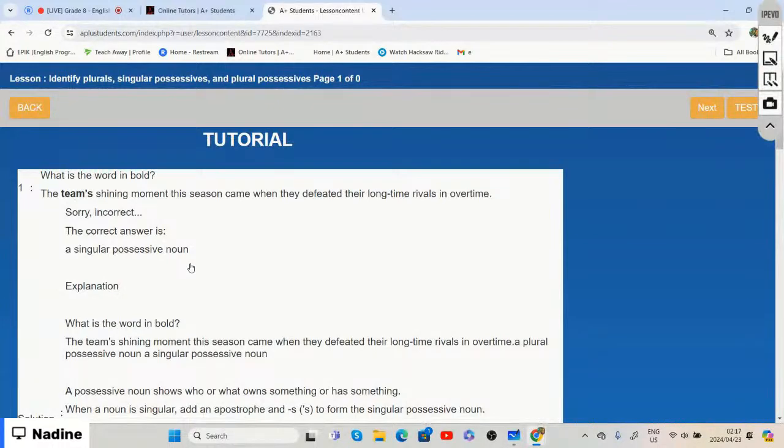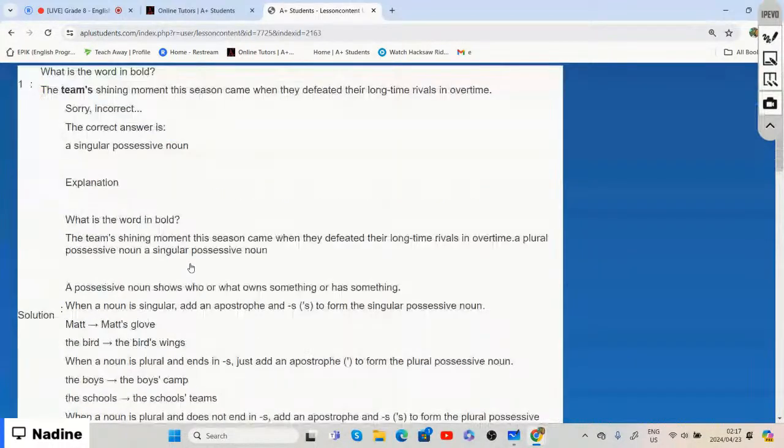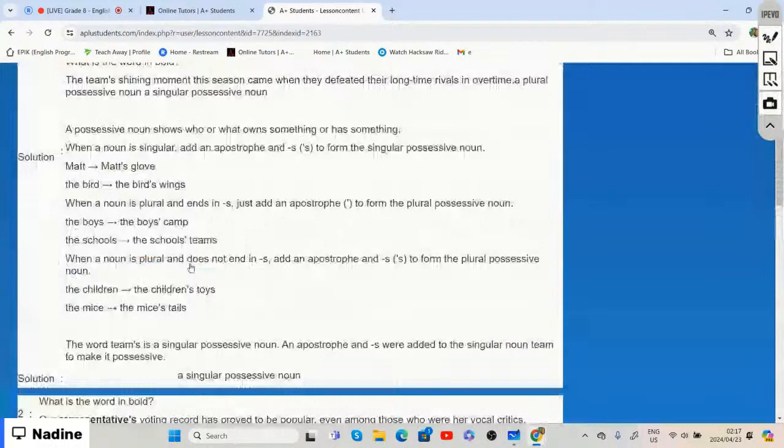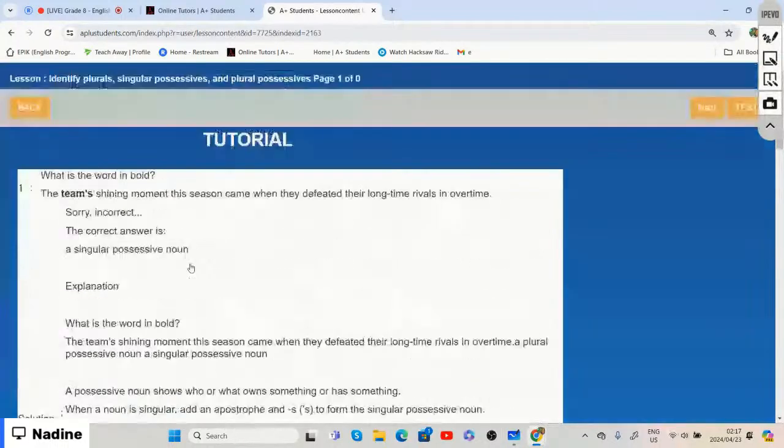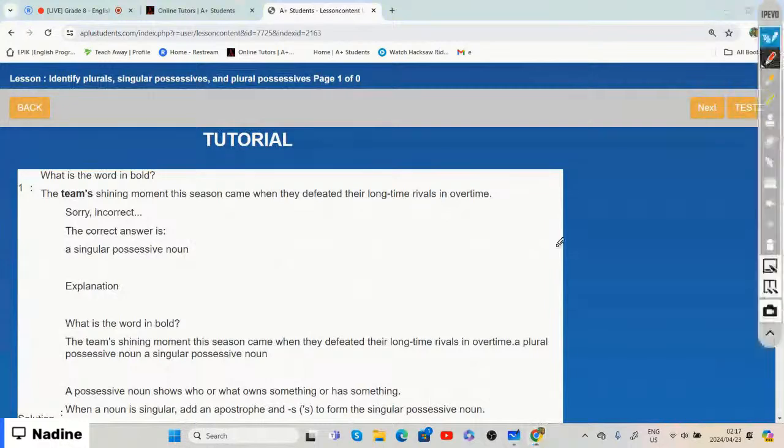And we already made mention of our plural possessives as well as our singular possessives, right? So now if we look at the word in bold, it says, what is the word in bold? The word in bold, we need to say if it is either singular possessive or plural possessive.